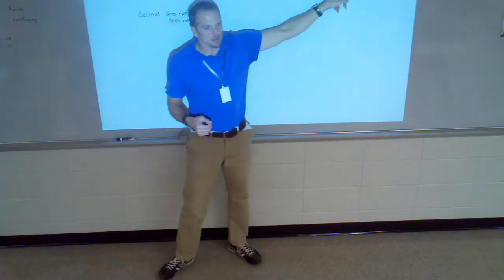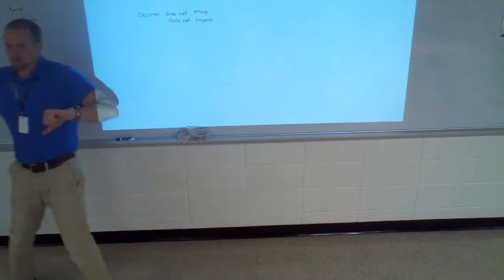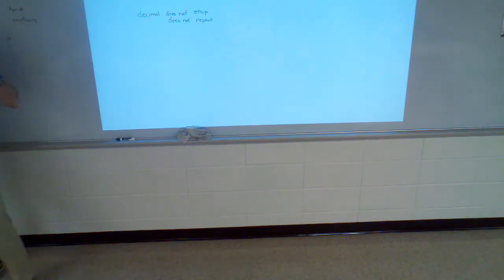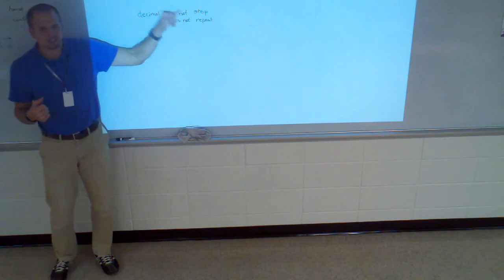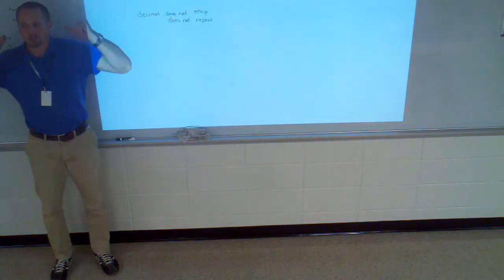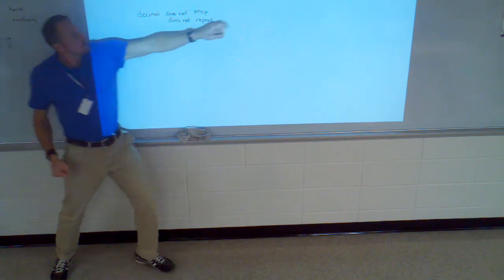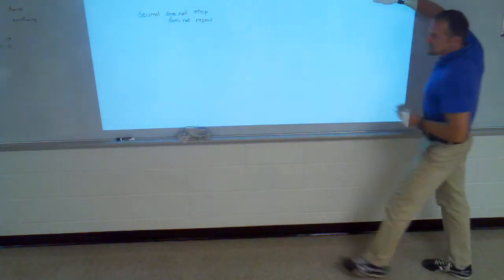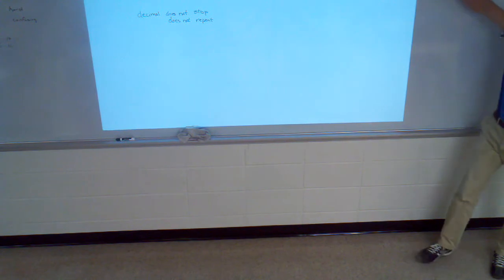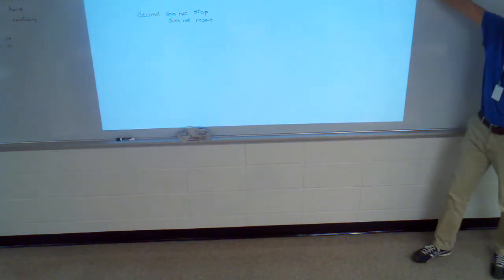How about this one? Give me thumbs up or thumbs down. Remember, every number is rational unless it is a decimal that does not stop and does not repeat. It is rational. Okay? This is a decimal that does not stop, but it does repeat.